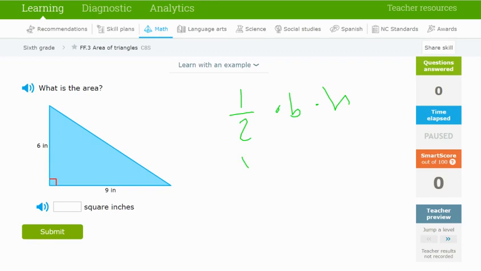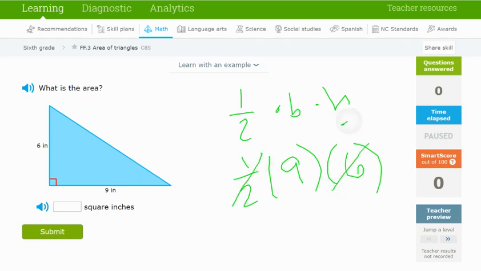So in this case, I have 1/2 times the base is going to be 9, and the height is going to be 6. So if I take 9 times 6, I'm going to do half of 6 to begin with. Half of 6 is going to give me 3. And then 9 times 3 is 27 inches squared.